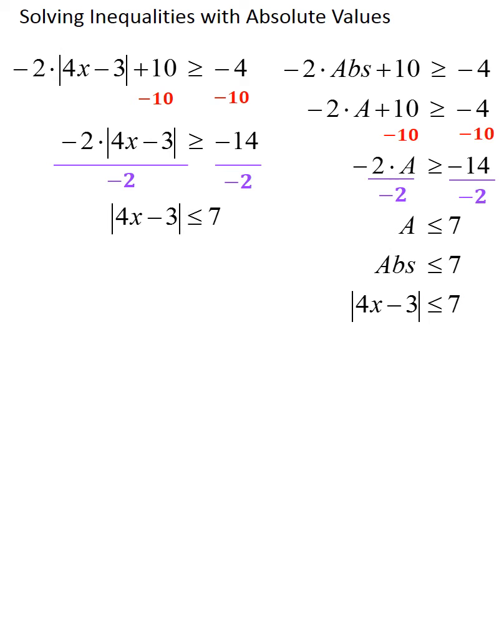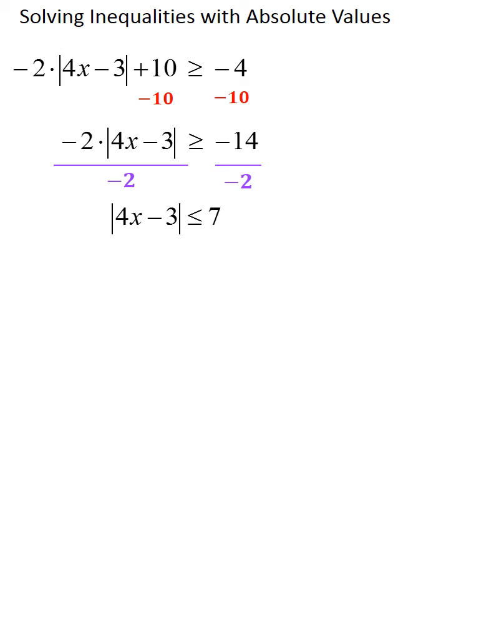Recall, whenever we divide by a negative, we reverse the direction of the inequality. Either way, we get exactly the same result, the point being we've isolated the absolute value.